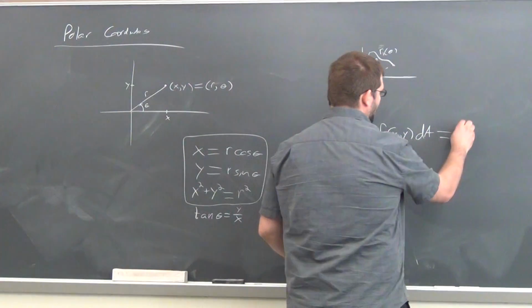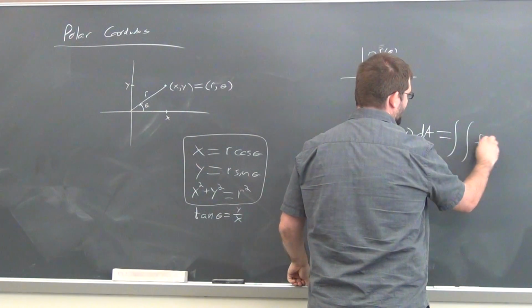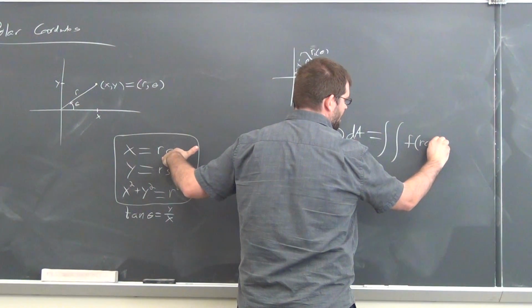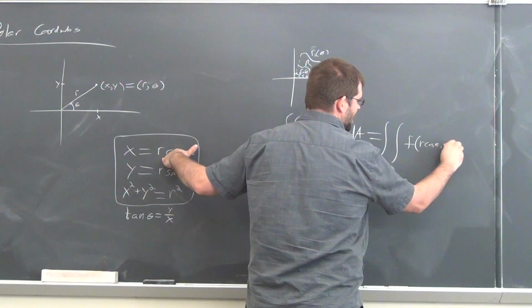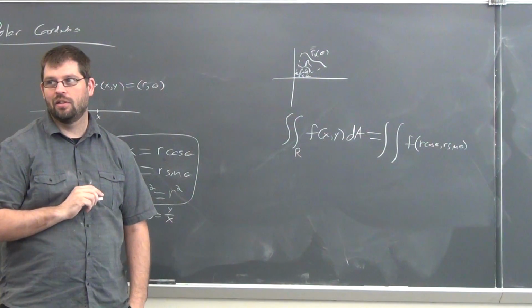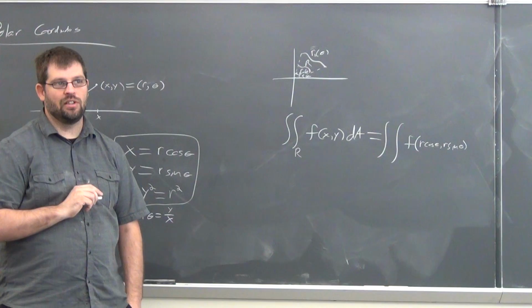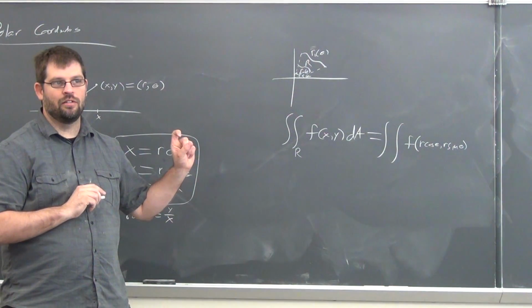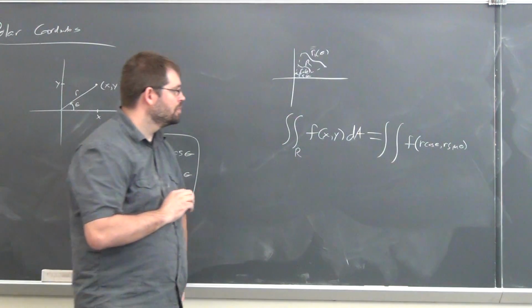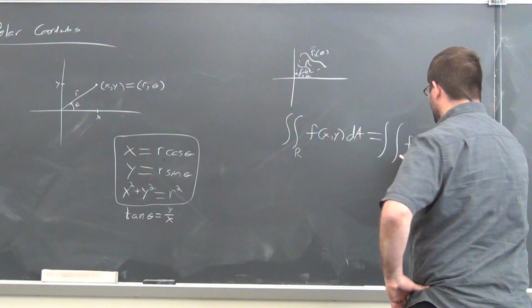But the formulas that you need to remember are, well, you replace the x with r cosine of theta. You replace the y with r sine of theta. What does the dA get replaced with? Not just dr d theta, but one extra piece to it.